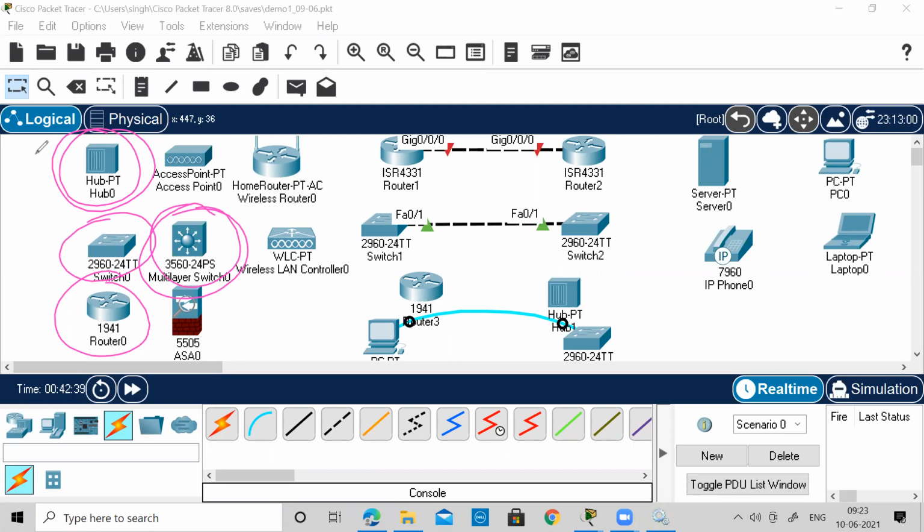They only deal with layer 3, layer 2 and layer 1. So you need to know this. Wherever they land, whichever layer they work on, from that layer to all the layers below you will find in those devices.